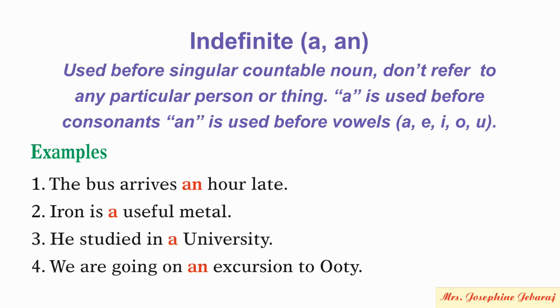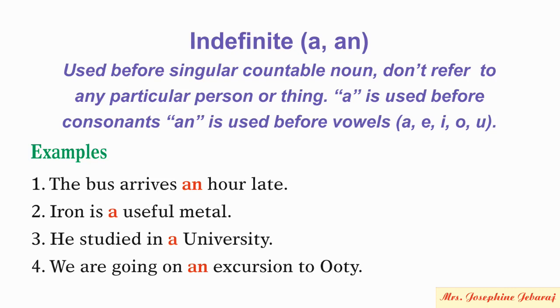Next, the indefinite article. A and an are the indefinite articles. They are used before singular, countable nouns. They don't refer to any particular person or thing. A is used before consonants and an is used before vowels.